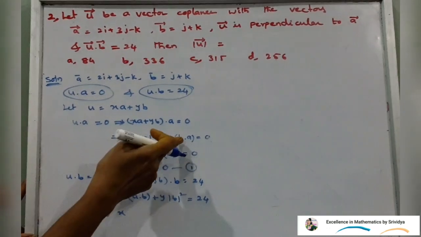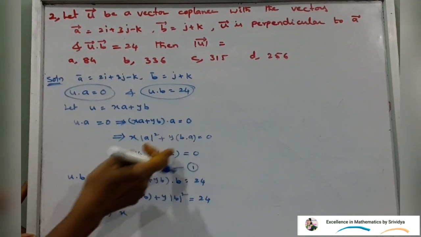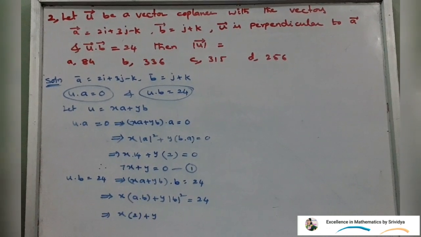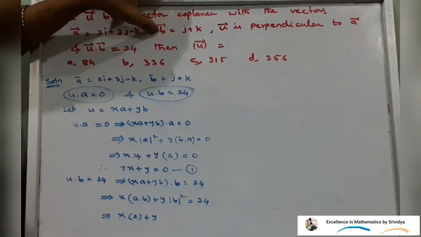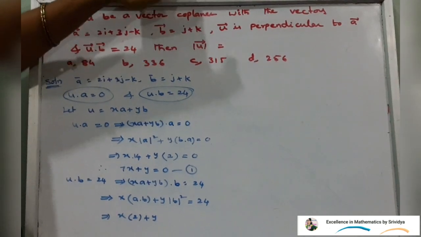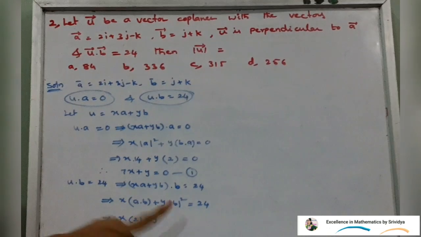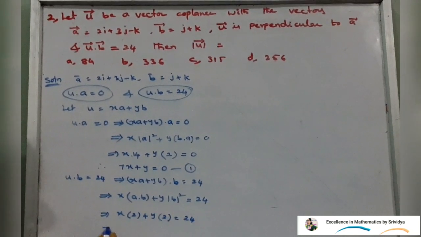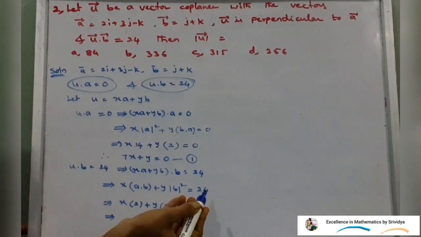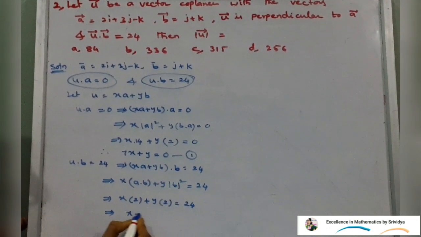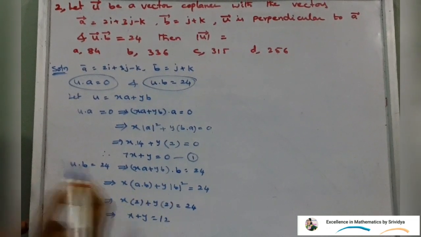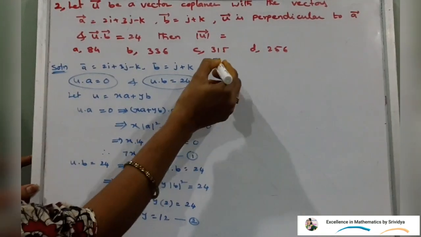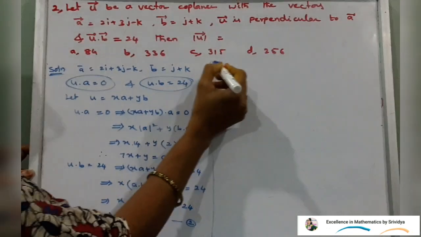Already we got b dot a is 2, plus y into mod b square. But b is j plus k, then mod b is under root 1 plus 1, root 2, so mod b square is 2, equal to 24. This implies 2x plus 2y is equal to 24, then x plus y is equal to 12. That is equation 2. Now solve 1 and 2.